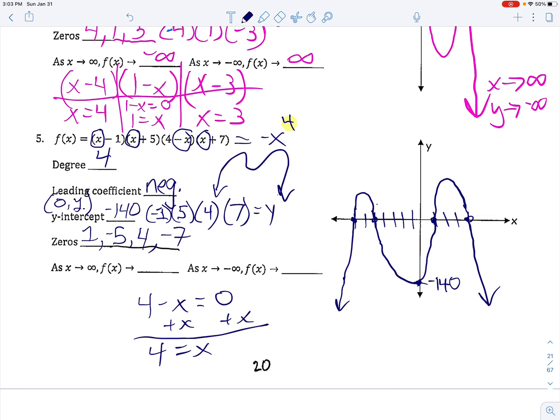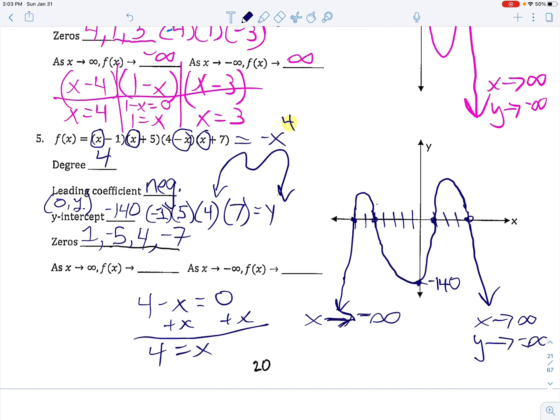Then we'll answer the end behavior questions. As x goes to infinity, what's happening to the function? And as x goes to negative infinity, what's happening to the y value? So the end behavior, we're looking at the ends here. This is x going to infinity here, but you're like, it's going down. Well, not for x, for y. For y, it's going down. Y is going to negative infinity.